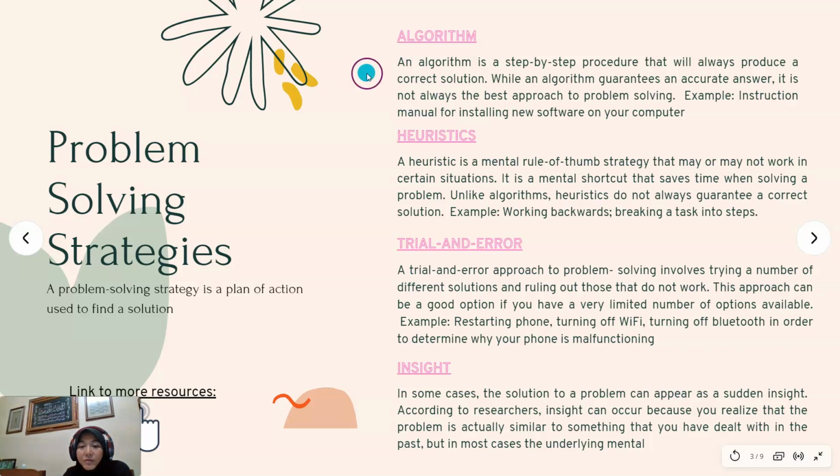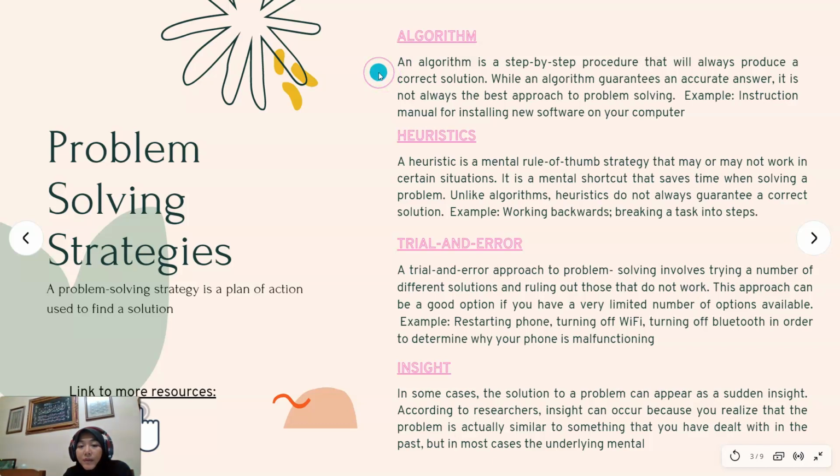The first strategy, which is step-by-step procedure, this is one of the methods or strategies that we use mostly in the computer science area. It is actually very step-by-step to find the correct solution.